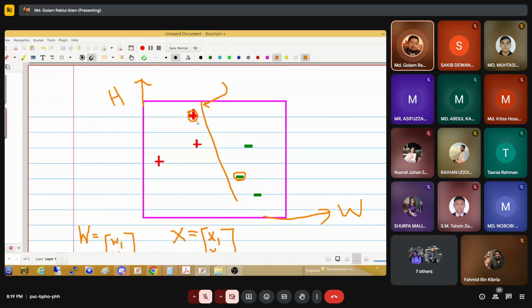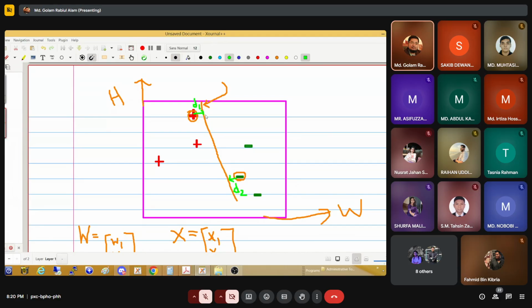So here, the margin is the distance from this support vector to our hyperplane. This is the distance. If we consider this one is our d1, and the distance from this negative data point to our hyperplane is d2.